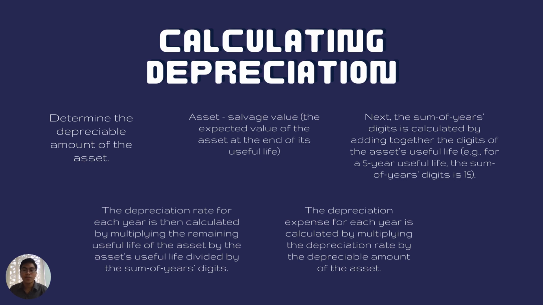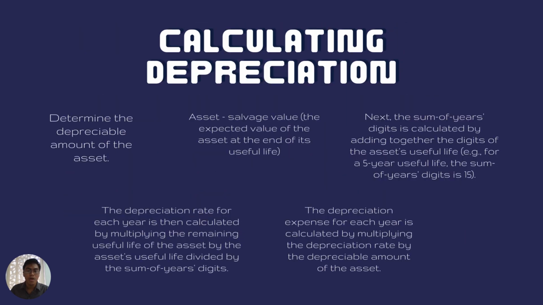The depreciation rate for each year is then calculated by multiplying the remaining useful life of the asset by the asset's useful life divided by the sum of years digits. And lastly, the depreciation expense for each year is calculated by multiplying the depreciation rate by the depreciable amount of the asset.